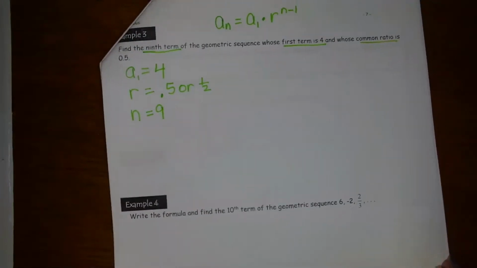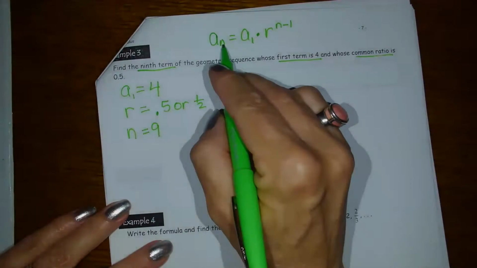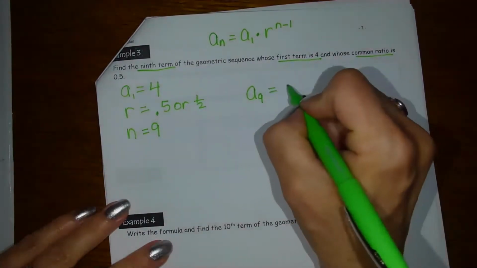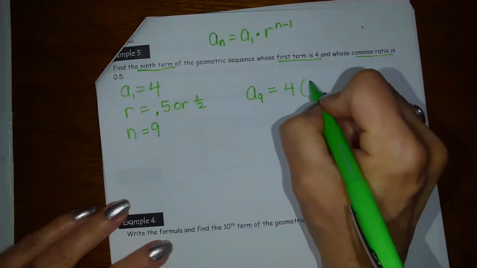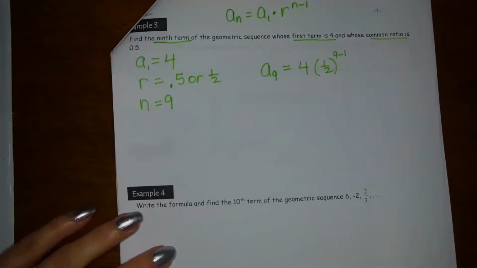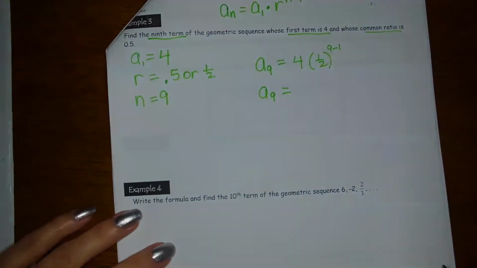So all we have to do is fill them in, right? A9. And the n just represents the number. So if we're finding the 9th term, we'd write A9 equals 4 times 1/2 to the 9 minus 1, or the 8th, if you will. So I'll let y'all punch that in. You can use your calculator.